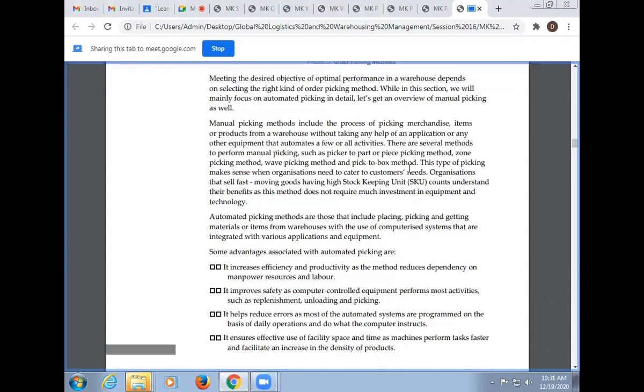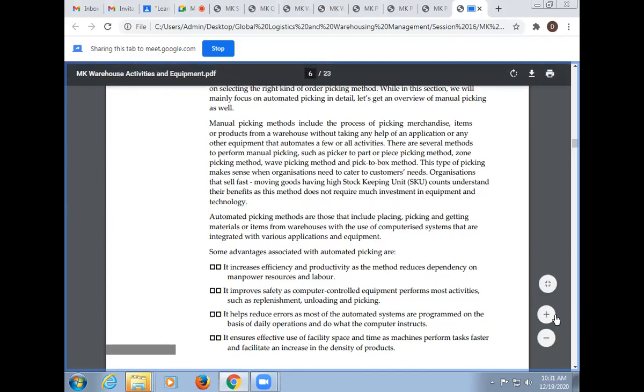This type of picking makes sense when organizations need to cater to customer needs. Organizations that sell fast moving goods having high stock keeping unit counts understand its benefits, as this method does not require much investment in equipment and technology.